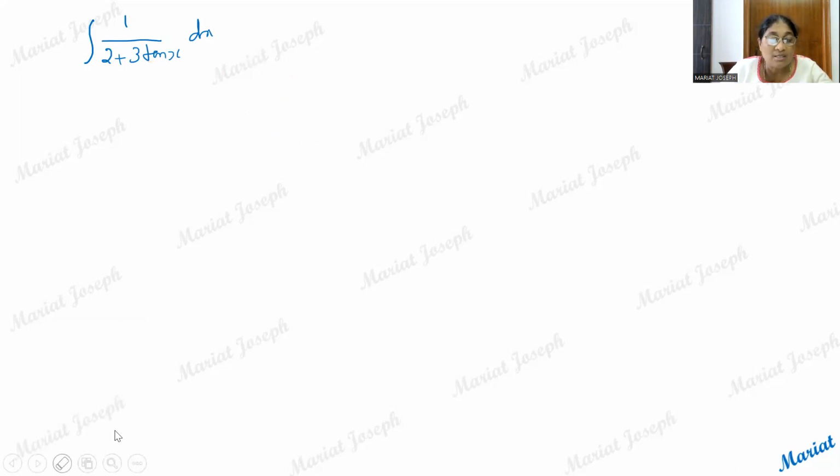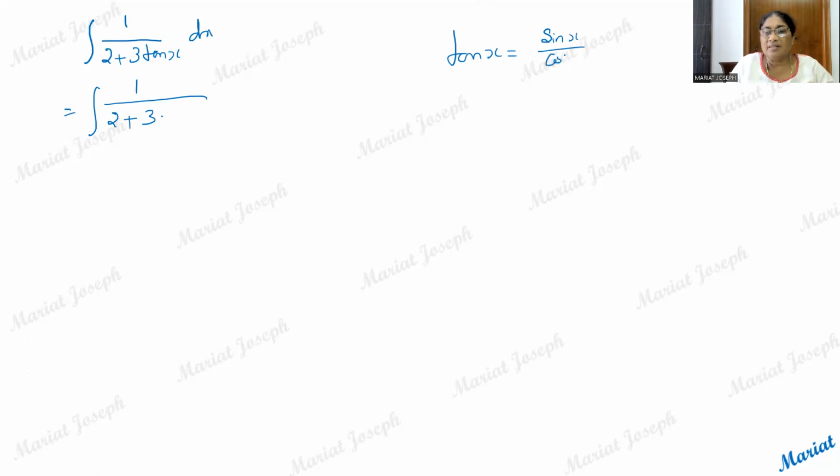Do this: first of all, convert to sin x and cos x. The tan x is going to be written in terms of sin x and cos x. What is that, Khushi? Change tan x in terms of sin x and cos x. Tan x is equal to? Sin x upon cos x.